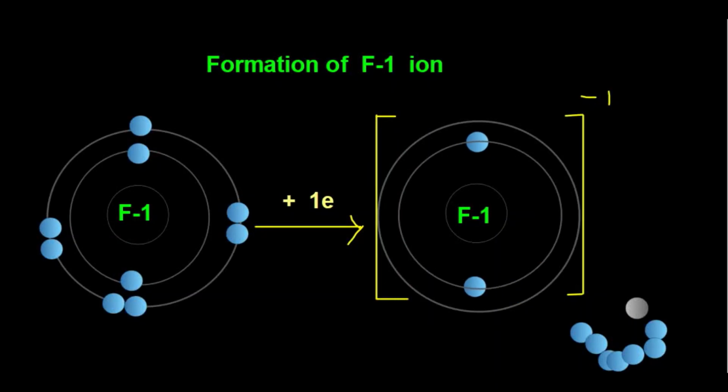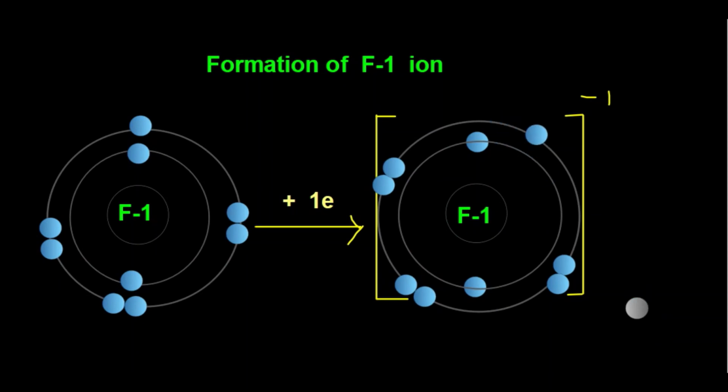In the L shell, which is the valence shell of the fluoride ion, there are 8 electrons after the gain of 1 electron: 1, 2, 3, 4, 5, 6, 7, 8. The eighth is the electron gained by the fluorine atom. After the gain of this electron, fluorine is converted into the fluoride ion. I hope the electron dot structure for the formation of the fluoride ion is clear to you.